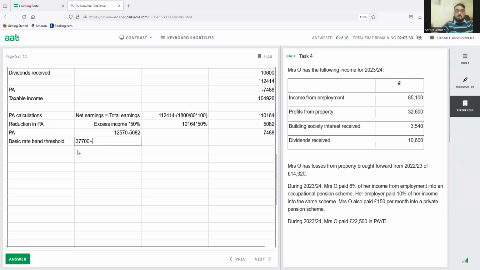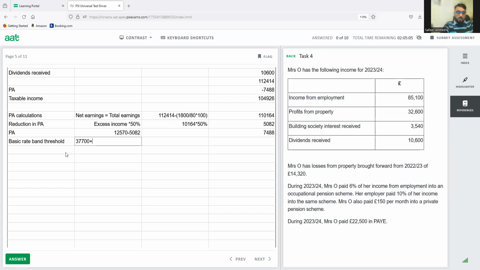The second impact is that it will extend your basic rate band, and if needed, the higher rate band. But in this situation, we don't need to extend the higher rate band because we know the total taxable income of this person is 104,926, which falls within the higher rate. Remember, the higher rate is up to 150,000, so we don't need to extend it as the person's income is way less than the higher rate band threshold.